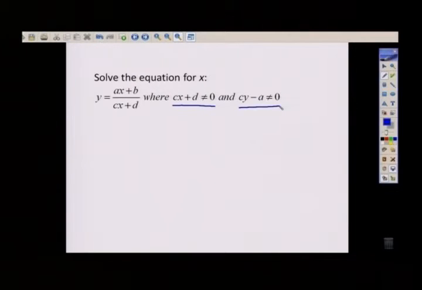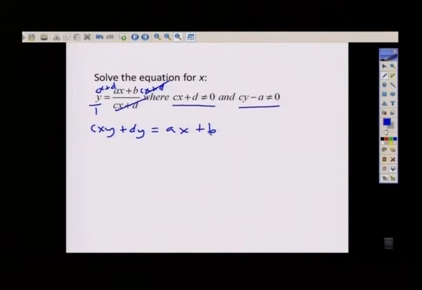Okay. There are two ways, at least, that you can start solving this equation. One way is you could cross-multiply, or, like in the previous problem, multiply both sides by the denominator. So I'm going to multiply by cx plus d, which will remove it from that side of the equation. So I have cxy plus dy is equal to ax plus b. Now we're trying to solve for x.